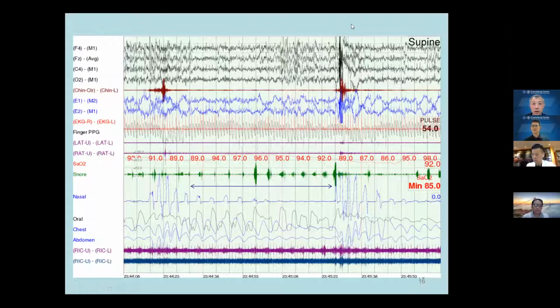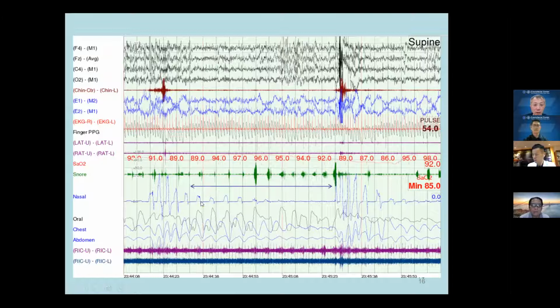And so during our sleep, if there's some stop of breathing over the nasal cannula, and here you can see it completely disappears, the oral breathing will take up some of the breathing responsibility.